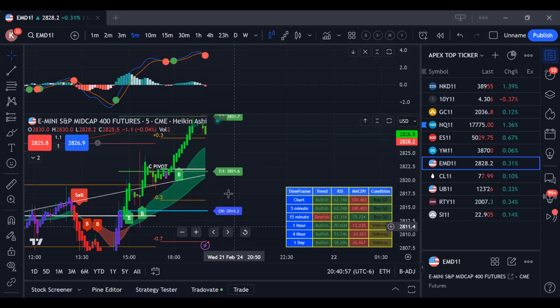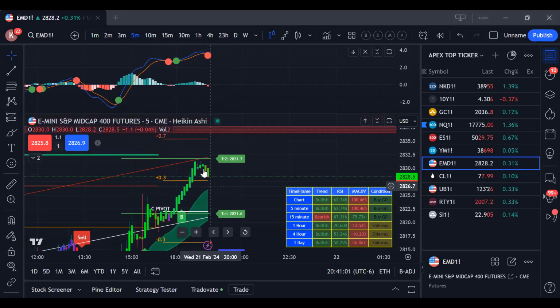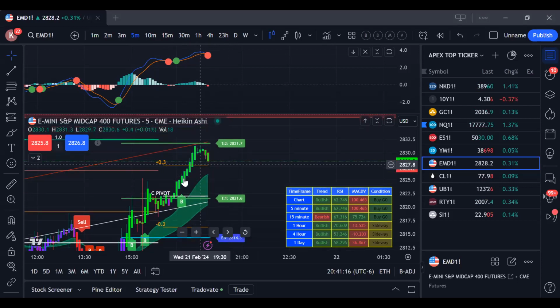If you are below the cloud, you have to be on the short side or don't do anything. Because we are above the cloud, it may touch the cloud and again go back up. So better to wait. Always let it come here and start bouncing. At that time, you can take a long. Now it may come. So we don't need to do anything as of now.